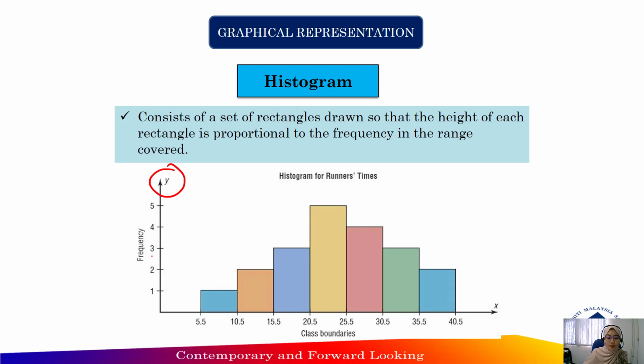You need to choose the right unit for each frequency. For example, 1 cm for 1 unit, or you can choose 1 cm for 2 units. It depends on you. And the x-axis is for the class boundaries, which means the lower boundary and upper boundary for each class.